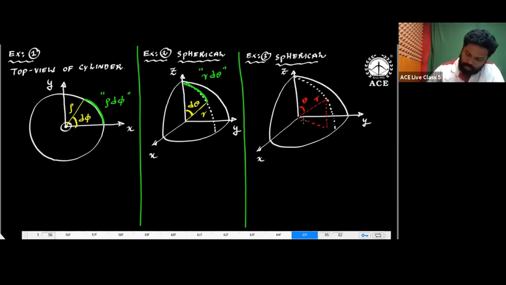What is that length beta? And what is this angle? Here it is d phi. This one is r sin theta. And what is the arc length here? r sin theta into d phi. Let me go back.